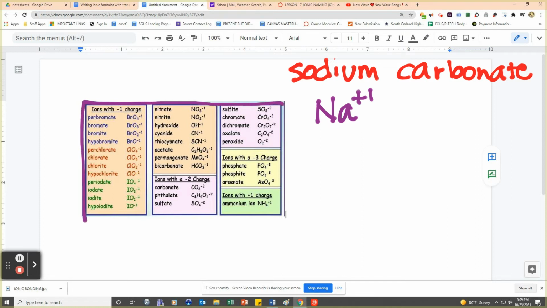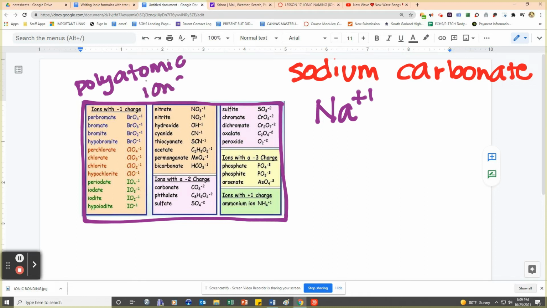You always have to look through this list for polyatomic ions. Again, this is called polyatomic ions. What does polyatomic ions mean? Polyatomic ions mean that the ion has more than one type of element, which means it's going to have more than one capital letter in there.